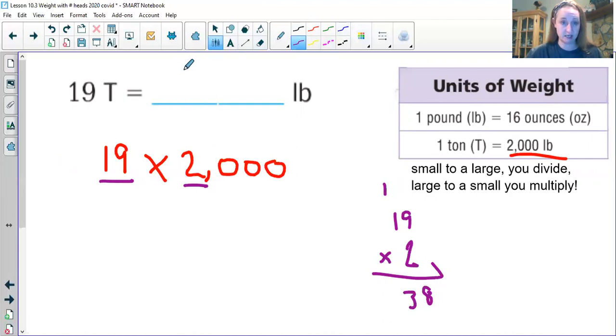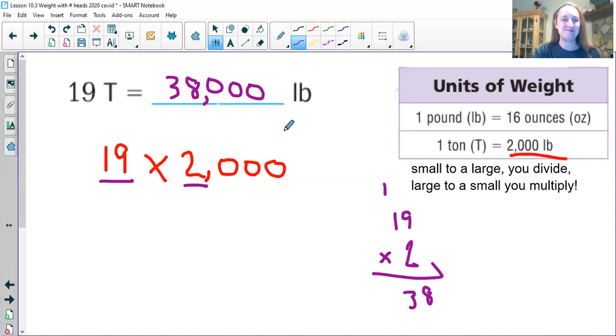That's my basic fact. So I'm going to put 38 right here, and then don't forget our multiplication method where we have the zeros as our little trick. We're just going to add those 3 extra zeros after my 38 basic fact. Okay, so your product would be 38,000 pounds. That's what 19 tons equals.